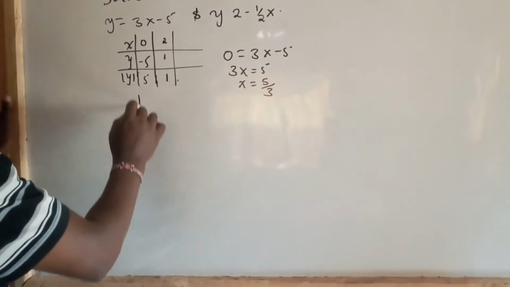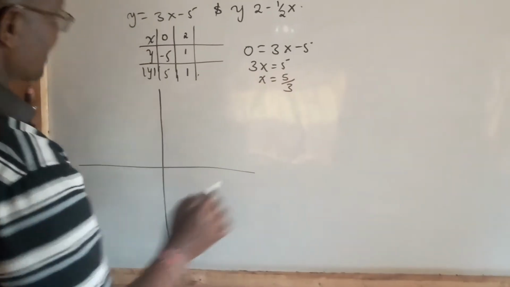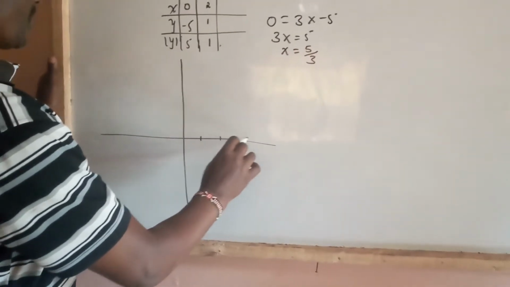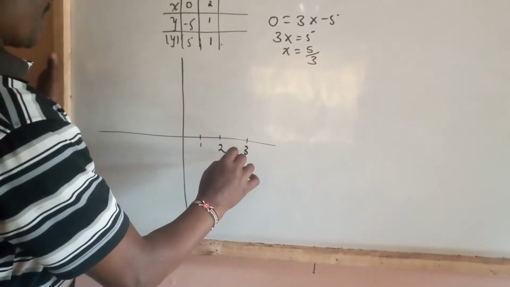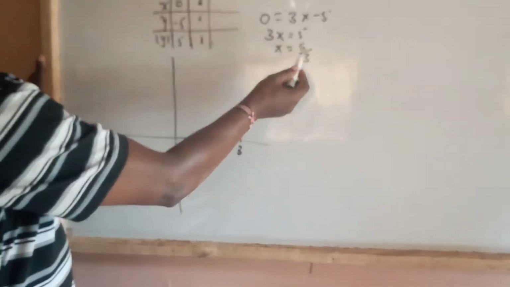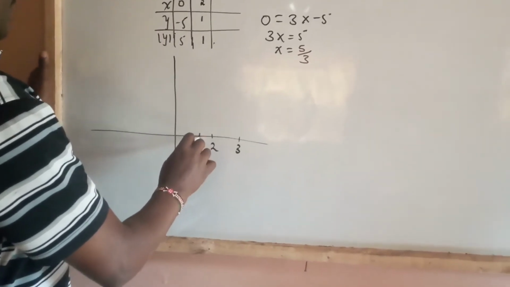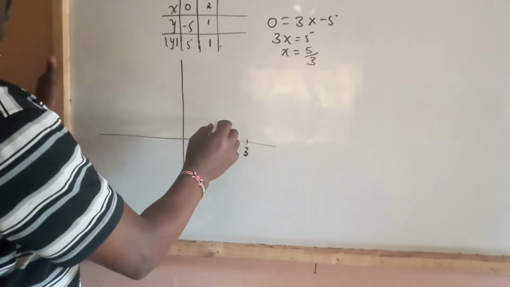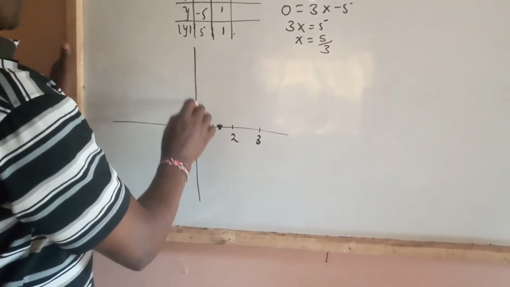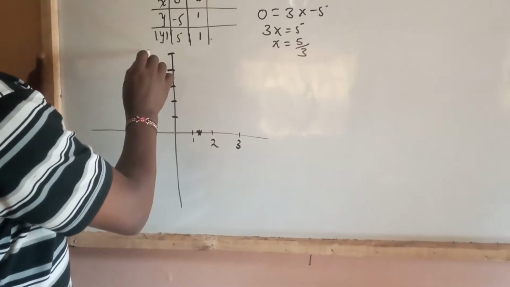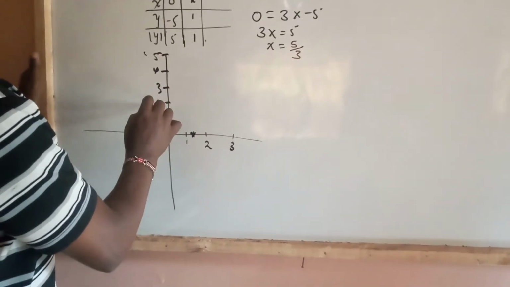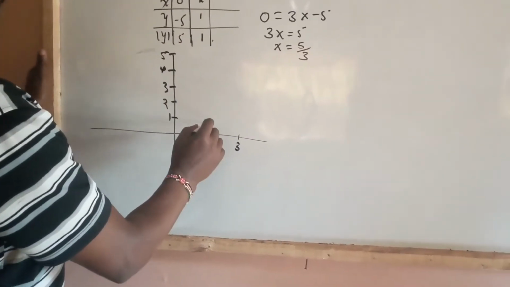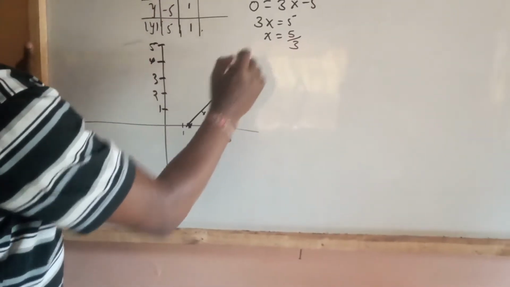So without any other kind of work, let us try to sketch this one. When x is 5/3, that means 1 2/3, y is 0. When x is 2, y is 1, moving that way.